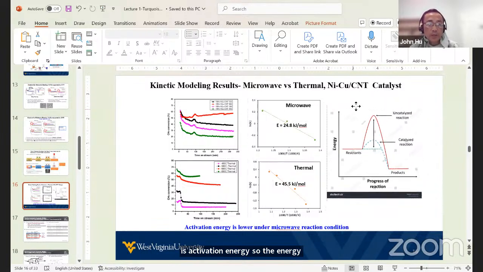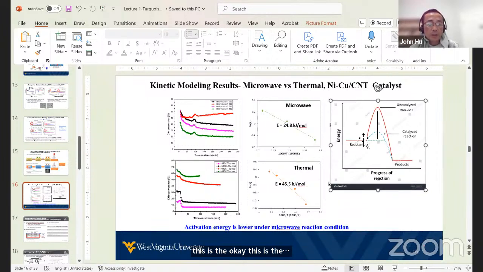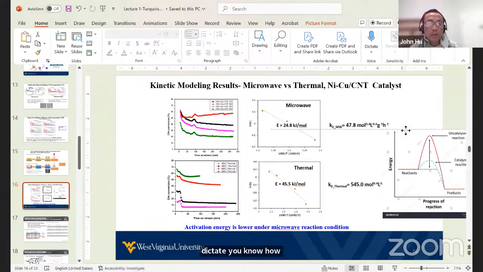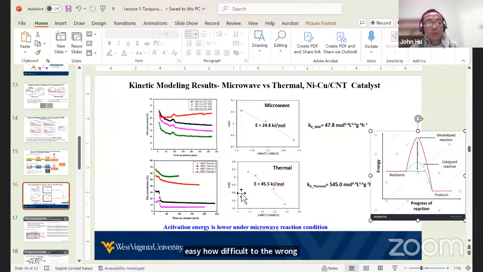This is the theory behind it. Activation energy dictates how easy or difficult the reaction goes in the forward direction. Now we obtained the laboratory data under microwave by running different temperatures, and you obtain the activation energy. Microwave is 24.5 kilojoule per mole, and thermal is 45.5.